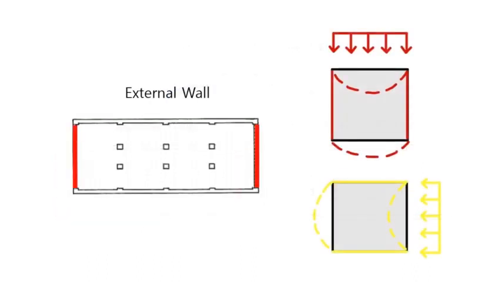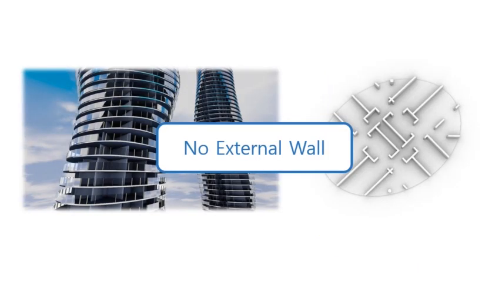Generally, shear walls are often placed on the exterior wall of buildings. In that case, the shear wall under the red line resists the red wind load as shown above, and the shear wall under the yellow line resists the yellow wind load as shown below. However, in the Absolute World tower, there is no external wall, and there is a balcony outside the building. Therefore, it is not possible to arrange the shear wall on the external wall.